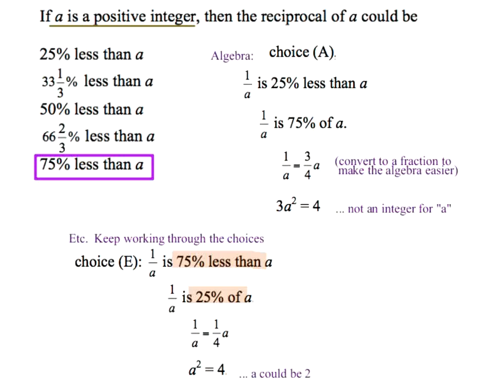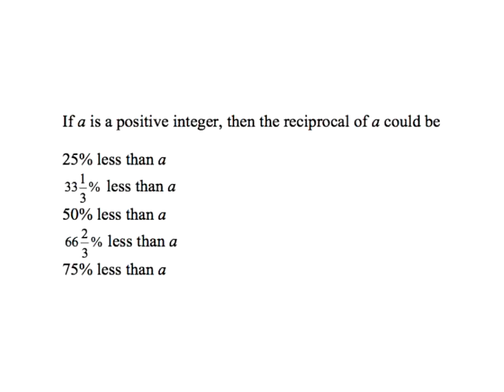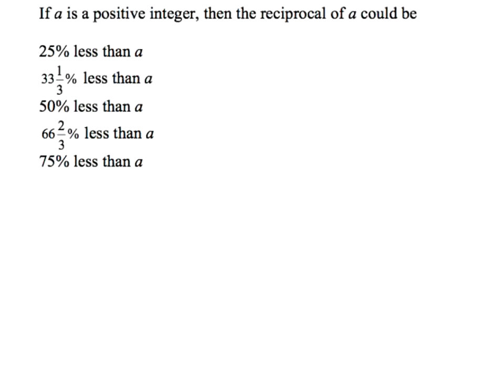How else can you do this problem besides algebra? Anybody think of anything else? Yeah, just plug numbers, right? The thing that you should notice here is that A has to be a fairly small number. Any numbers that are not small are not going to do this.